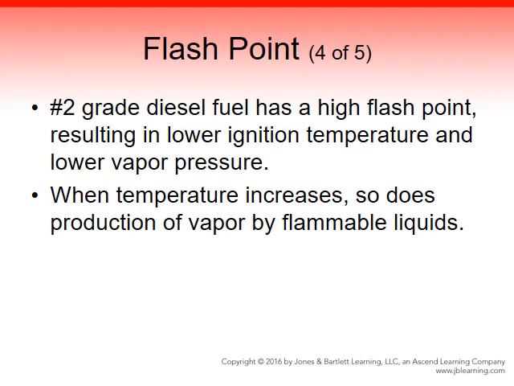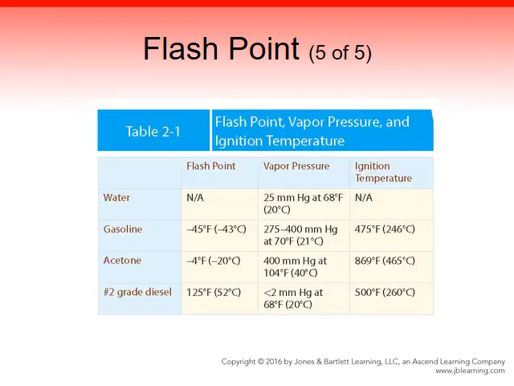Now, number 2 grade diesel fuel has a higher flash point, resulting in lower ignition temperature and lower vapor pressure. When the temperature increases, so does the production of vapor by flammable liquids. So for example, with diesel fuel, its vapor point where it'll ignite is totally different from gasoline.